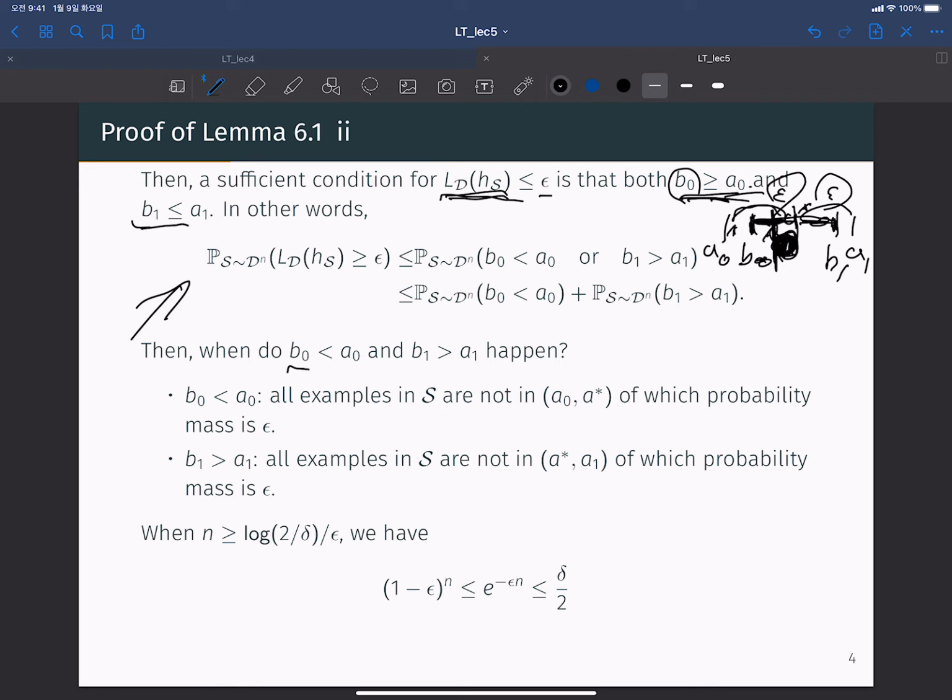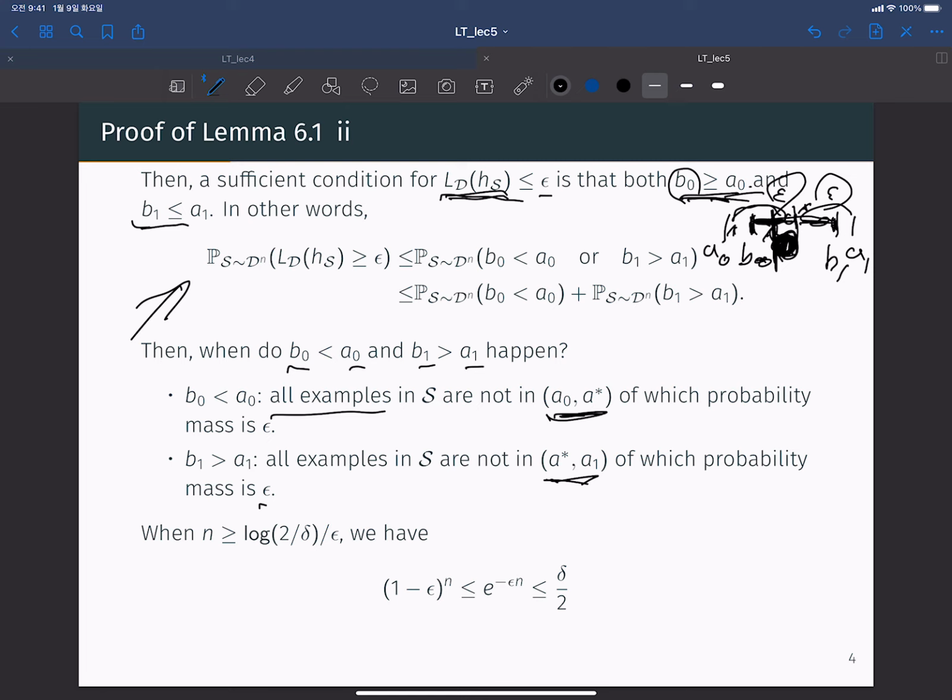And when b0 is less than a0 and b1 is greater than a1 happen, all this happens when no example in the training sample is in this interval or in this interval. We know this interval's probability mass is epsilon, and this interval's probability mass is also epsilon.